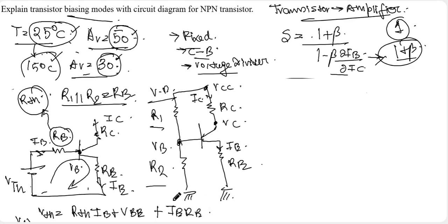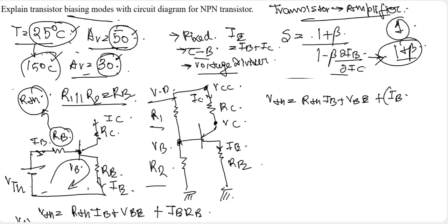And next we will replace this IE as IB plus IC. As we know, emitter current is equal to base current plus collector current. So then V of Thevenin will be equal to R of Thevenin IB plus VBE plus IB plus IC into RE.